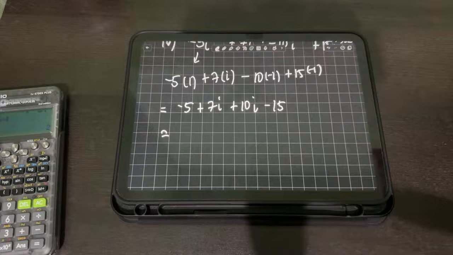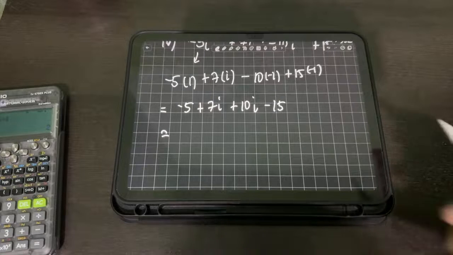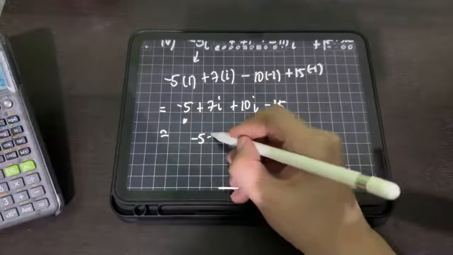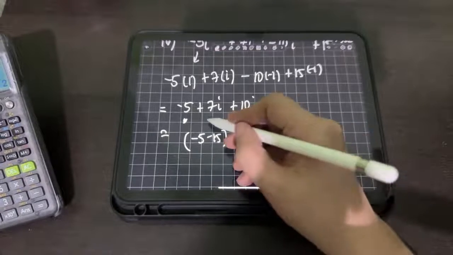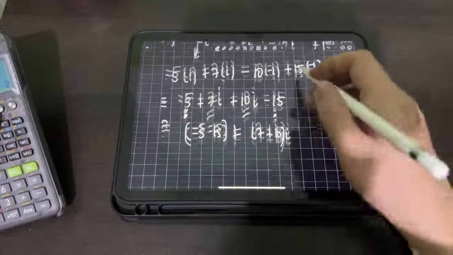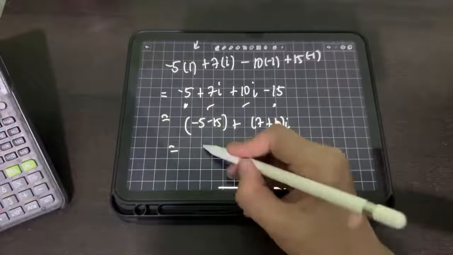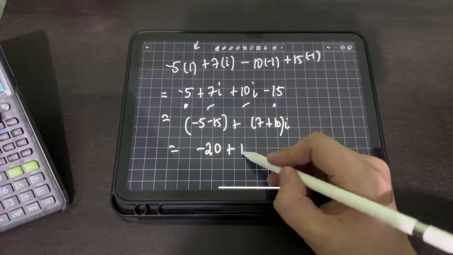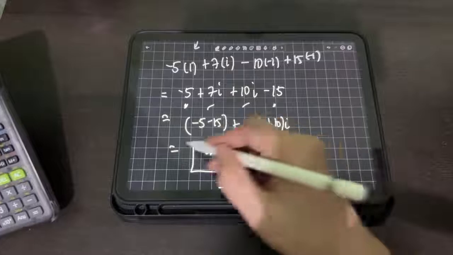So the real part, we have negative 5 minus 15, plus the imaginary part, 7 plus 10i. So negative 5 minus 15, negative 20, plus 7 plus 10, 17i. So this is the answer.